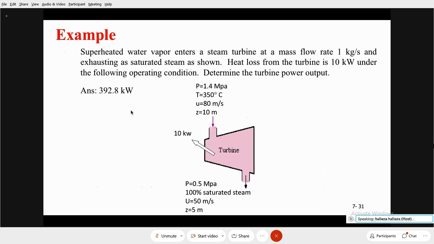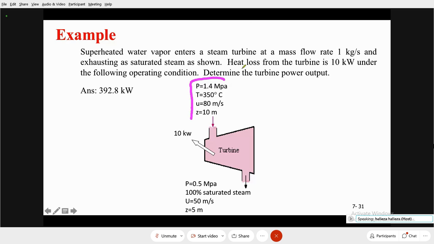Let's look at this example. You're going to look at superheated steam that enters the turbine at 1.4 megapascal and a temperature of 350, with a velocity of 80 and a height of 10 meters.